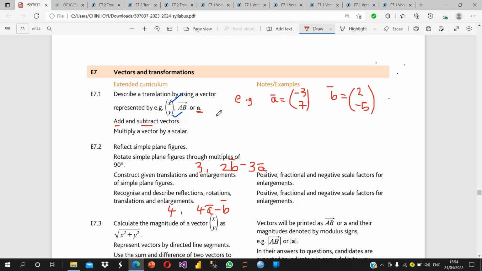Number 3 is saying 2B minus 3A. So you're saying 2, where there is B, you are going to put your vector B. So it's 2B, which is 2 and negative 5. Subtract 3, and our A is minus 3 and 7.